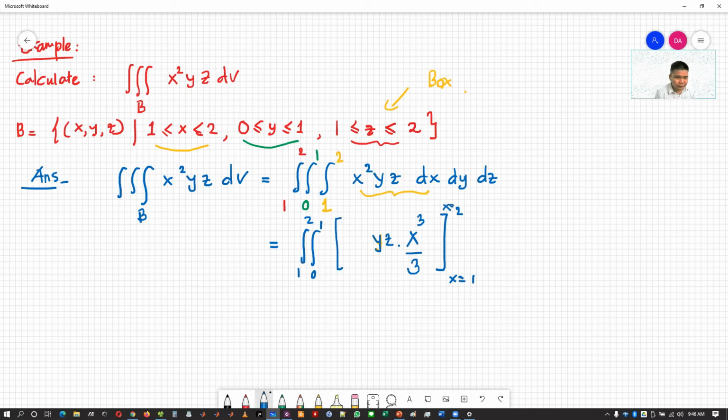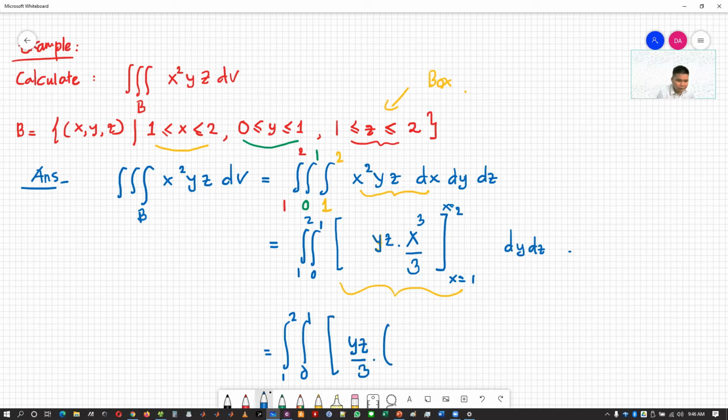And then I will write the dy dz. I concentrate on this one. So this is 1, 2, this is 0, 1, and then I will calculate it here. First of all, I write the constant here, and then this is over 3.